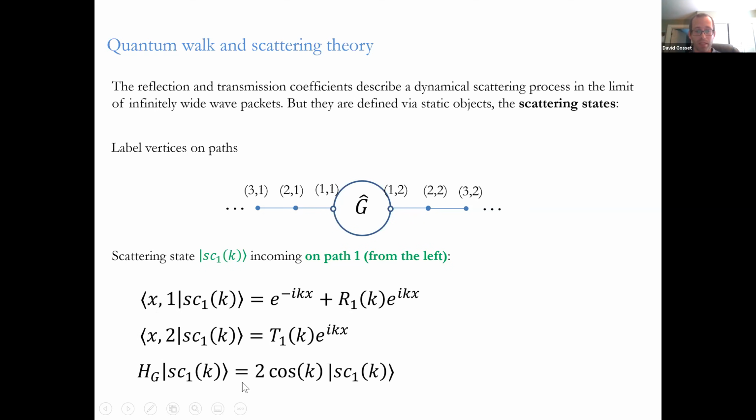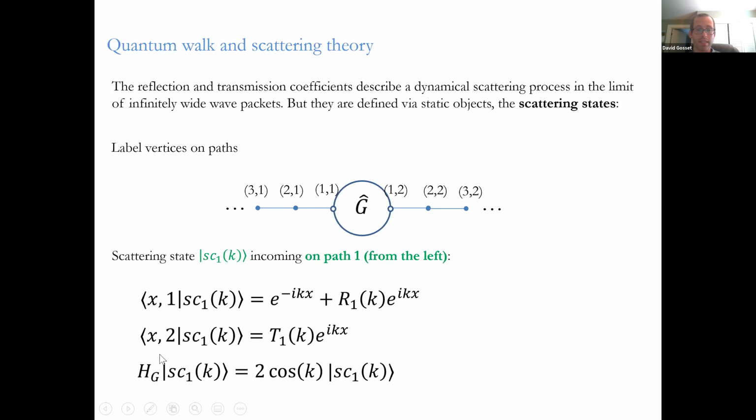And I've also written the eigenvalue equation here. The reason I've written it is because that determines the amplitude of the scattering state at all vertices in G hat that are not on the semi-infinite paths. So we should also constrain, just by the functional form I've written here, that the scattering state will satisfy the eigenvalue equation with eigenvalue 2 cosine K at every vertex on the semi-infinite paths except possibly this one.